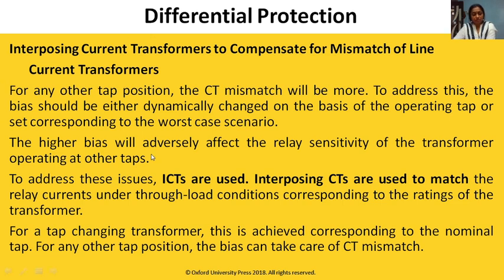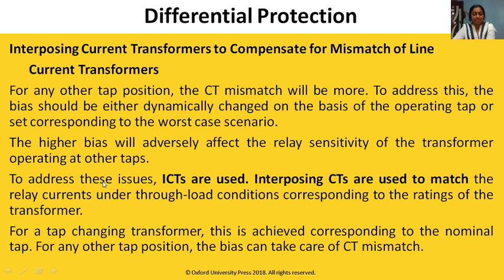If it is not done, then definitely it will cause error. A higher bias will adversely affect the relay sensitivity. If we are using a higher bias and the fault current is below that bias, then the relay will not detect it. So it also affects the relay sensitivity of the transformer.